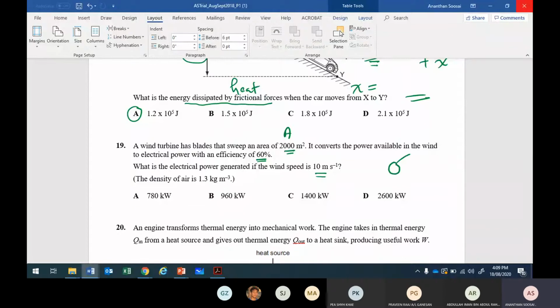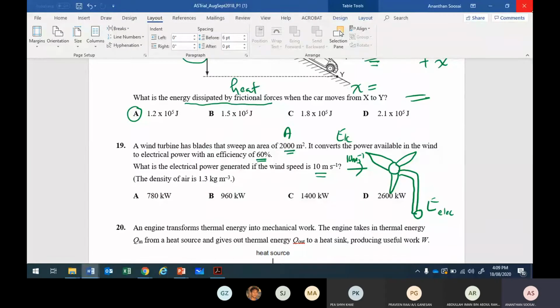So you have a turbine, it's a generator. The wind is flowing, the wind has a speed of 10 meters per second. Then it becomes electrical energy. What energy changes to what energy? Kinetic changes to electric.